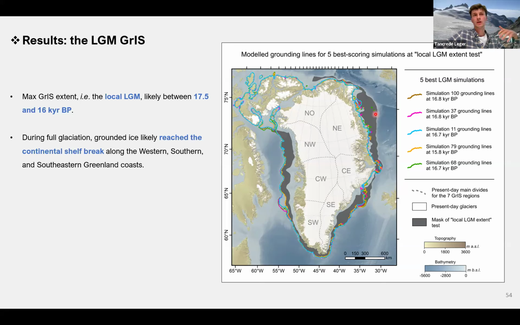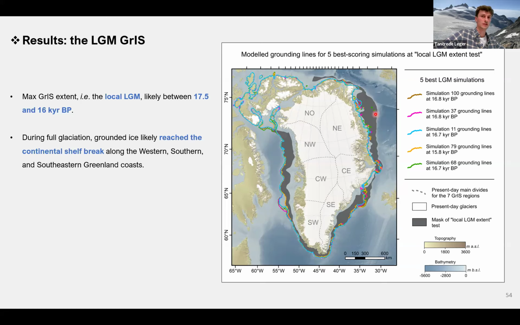And as a result, you might not be able to extend the grounded ice enough. So this is one of the reasons I think is potentially happening. I know that Stuart Jamieson in Durham has had a bit more luck just modeling this area by constraining the extent of ice shelves more, and therefore being able to grow the ice sheet model further into the continental shelf. So this could be a reason.